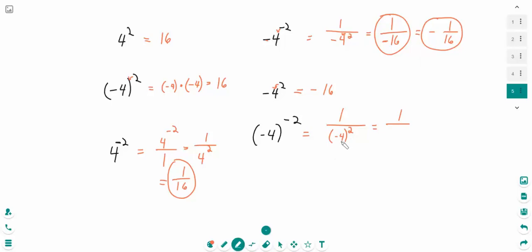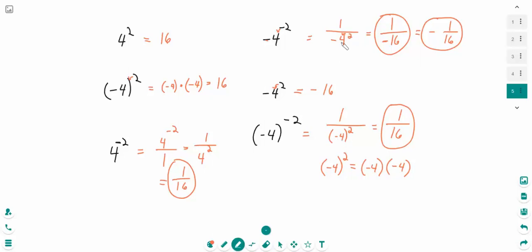So everything in the bucket has to be raised to the second power. So a negative 4 in the parentheses raised to the second power is equal to a negative 4, that bucket, being multiplied by the bucket again. So it's a negative 4 times a negative 4, which in this case is going to be a positive 16. So here we did use the negative sign when we multiplied it by itself twice.